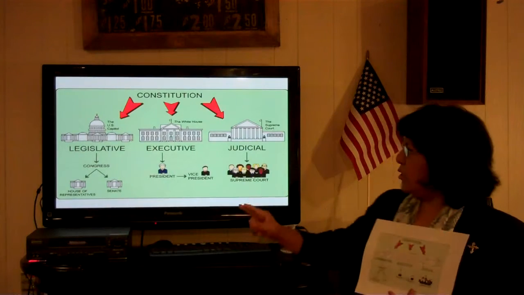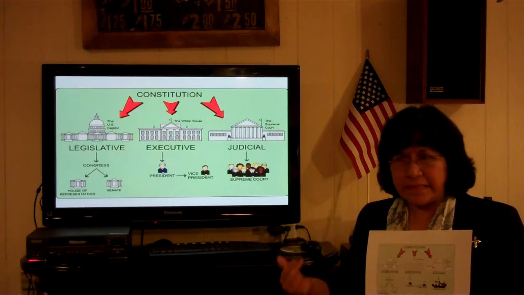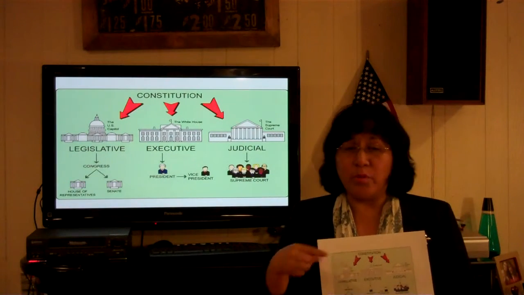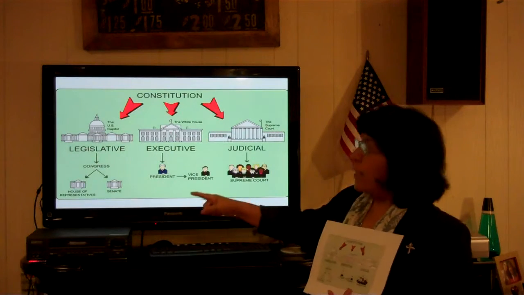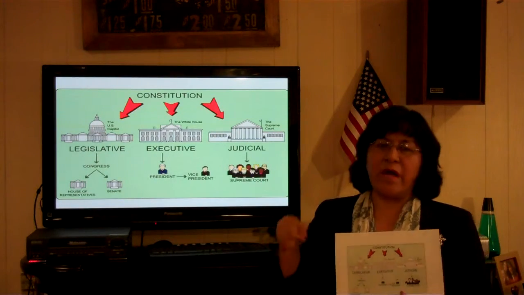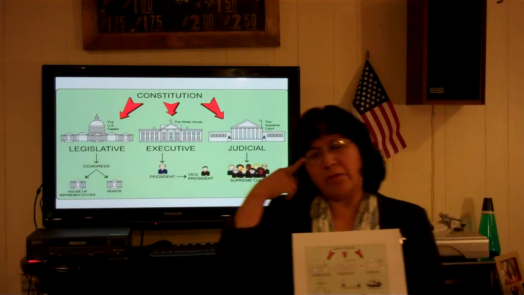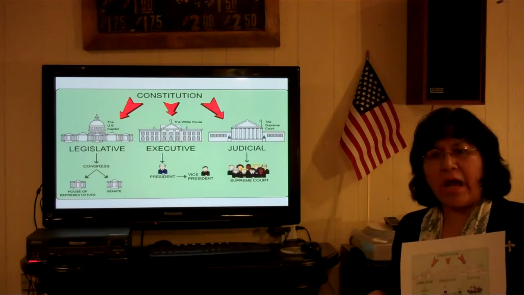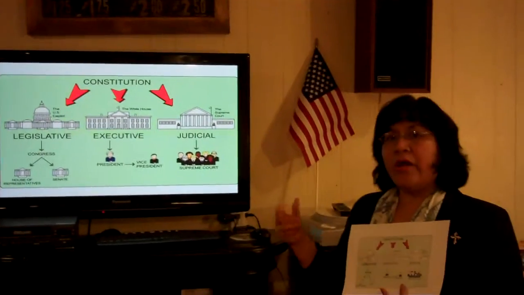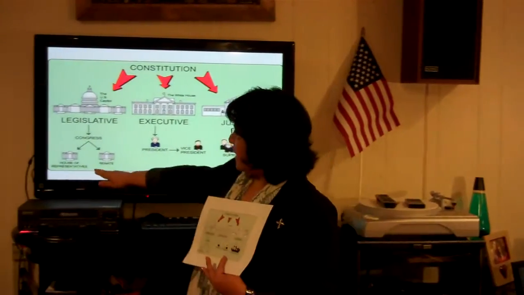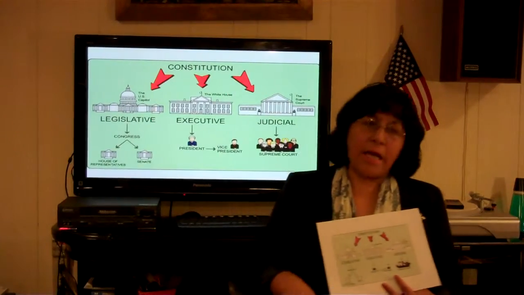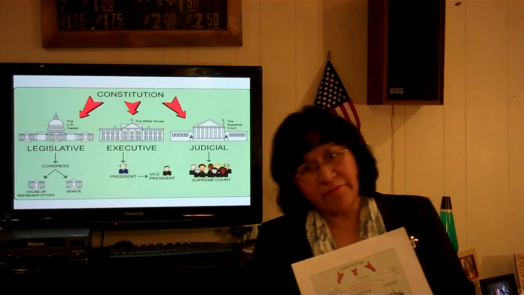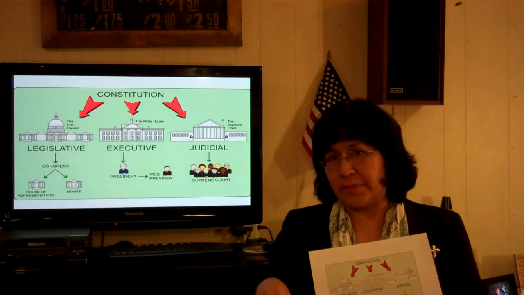Now, each state is going to have representatives, but because each state doesn't have the same population, according to the population, each state is going to have a number of representatives. Now think about California. California is a large state, larger than Kentucky. So they're going to have more people, and they are going to have more representatives, right? Our state, Kentucky, is a smaller state, fewer people live in Kentucky compared to California. So we are going to have fewer representatives.